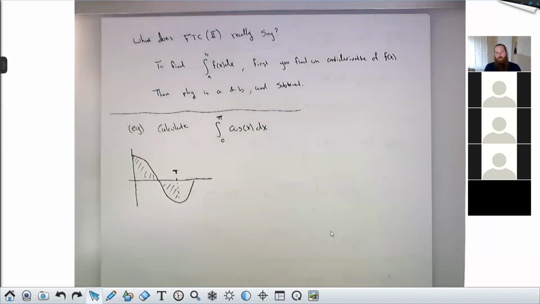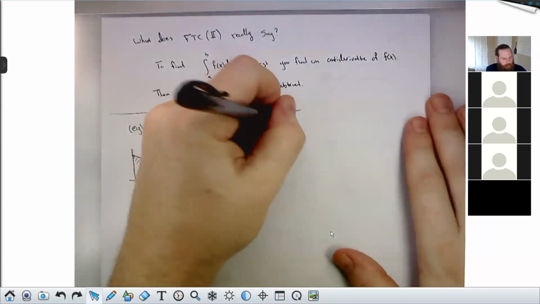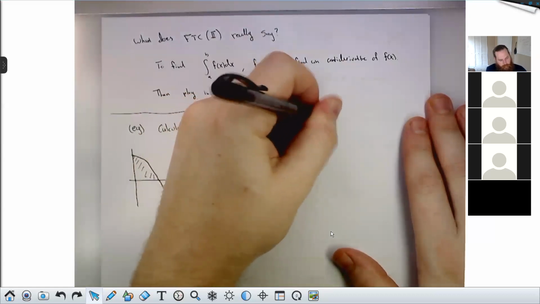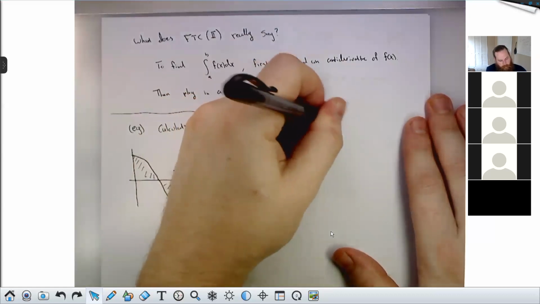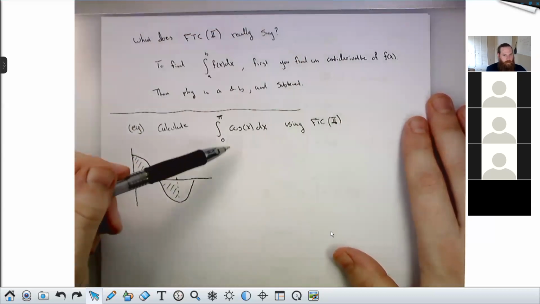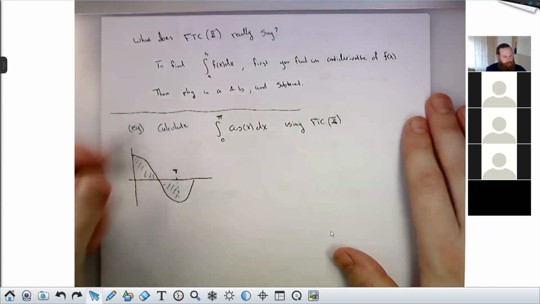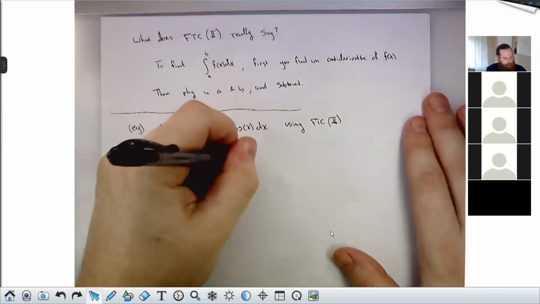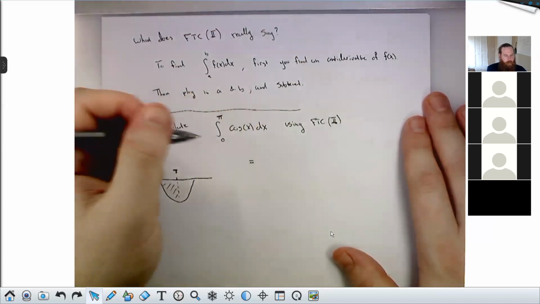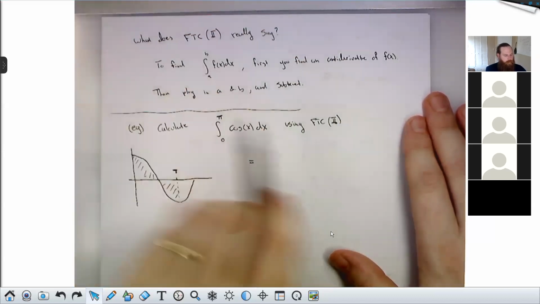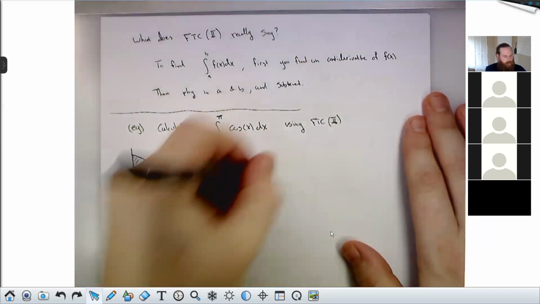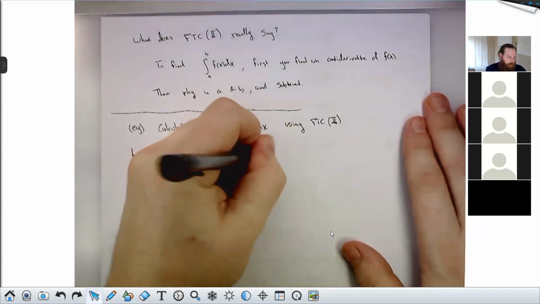But if I want to use the fundamental theorem, first I need to find an antiderivative and then plug in these bounds and subtract them. So an antiderivative for cosine, who differentiates to cosine? Remember, it doesn't have to be the most general antiderivative, just any antiderivative. An antiderivative for cosine is sine.